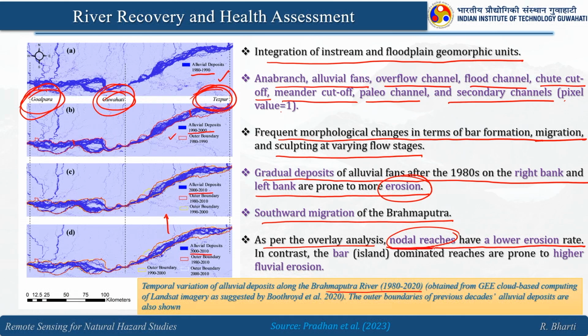These are our nodal reaches, which have a low erosion rate. In contrast, the bar dominant reaches are prone to higher fluvial erosion. That is why, if you see these 3 locations, they have the same or similar width, but as you move in between they have 30 to 40 kilometer width. Those have the higher erosion rate.